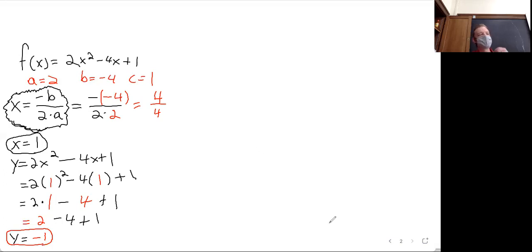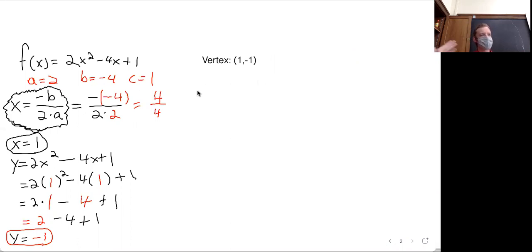So what would be our vertex here with this X value and this Y value? Perfect. +1, -1. I don't think I had any issues with this, but always please remember to make sure you label what your points are.